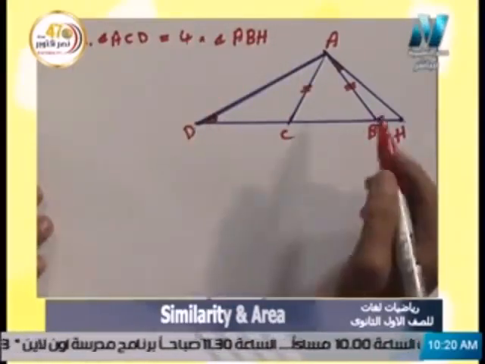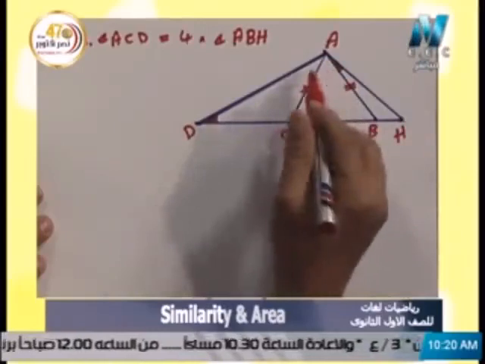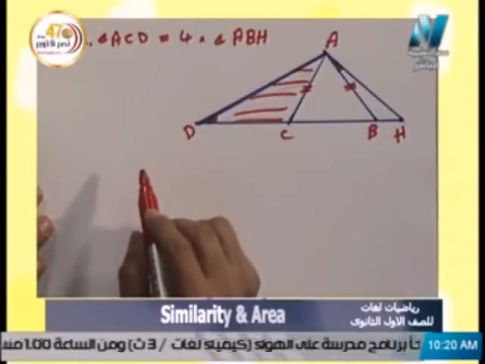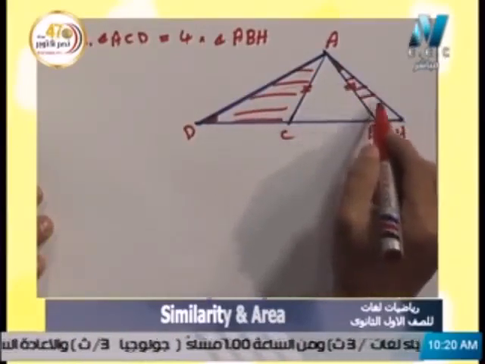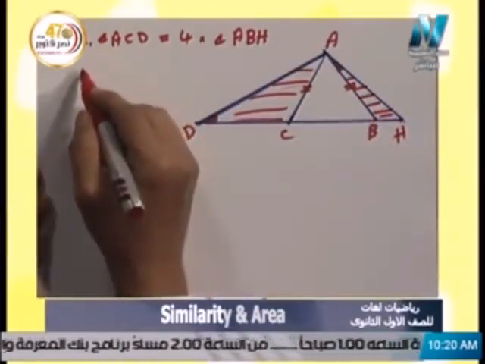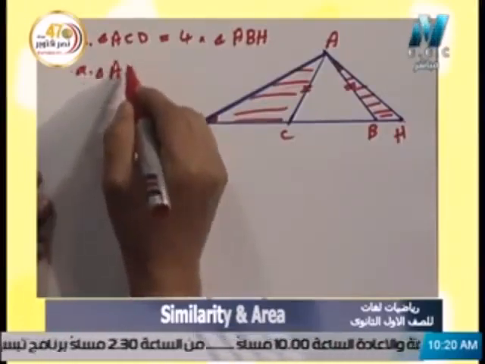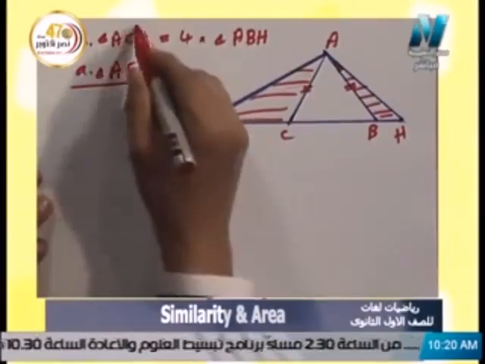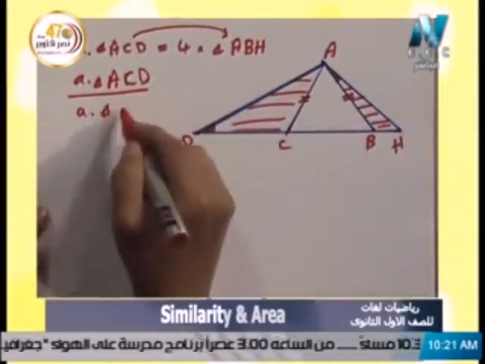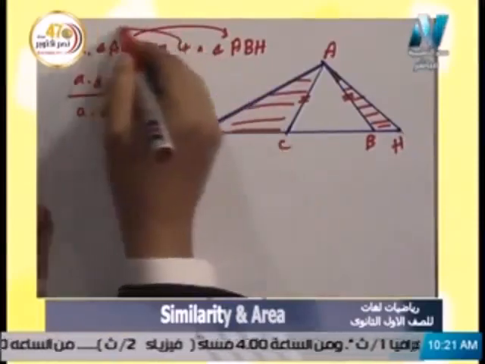Where is the triangle ACD here? The triangle ACD is this one, equals 4 times the area of triangle ABH, which is this triangle. So we can say that the ratio between the area of triangle ACD over the area of triangle ABH equals what? Equals 4 to 1.